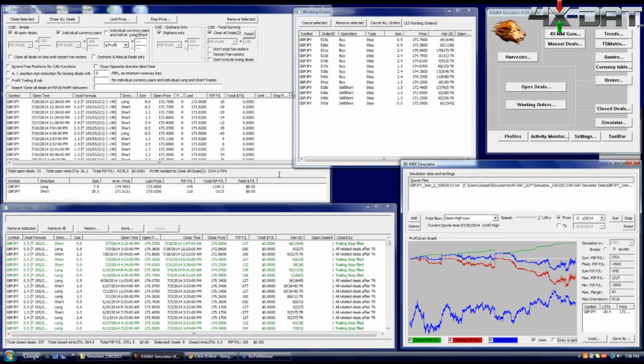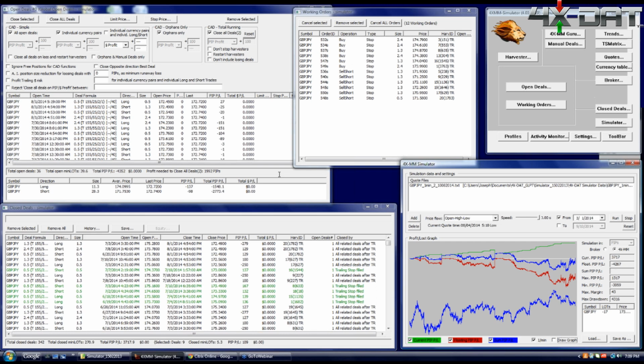Everybody wants to close all deals. Sometimes it takes longer than other times. Sometimes the market cooperates a lot better than other times. And I know time is money. We would all like to have the perfect market, but that's not what financial markets are all about. So here we are, bringing it down. And those of you that have been trading live can relate to this.